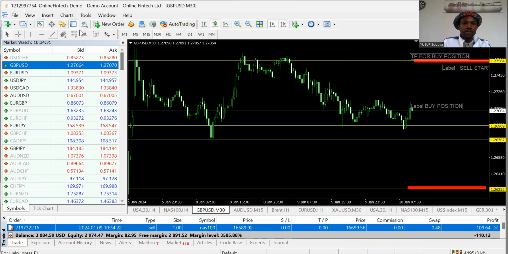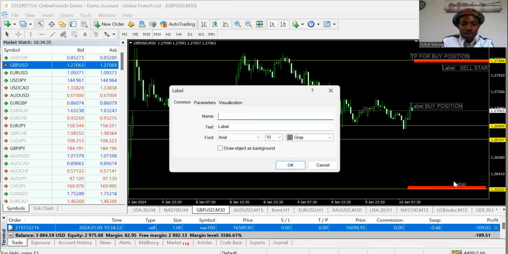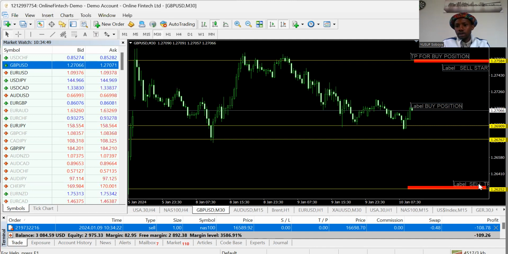I don't know if people are going to understand what I'm trying to do here. I'll explain when I'm done. All right, this is the sell TP. So what I'm saying is that this is the level for buy position. At this position, I'm thinking the market is going to go all the way up.